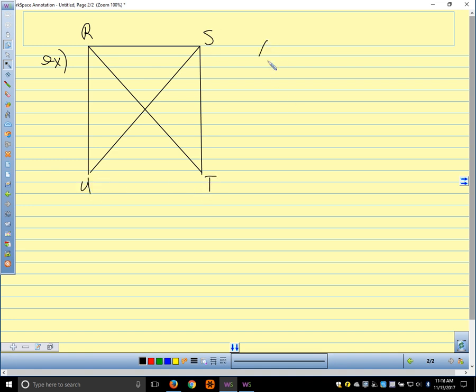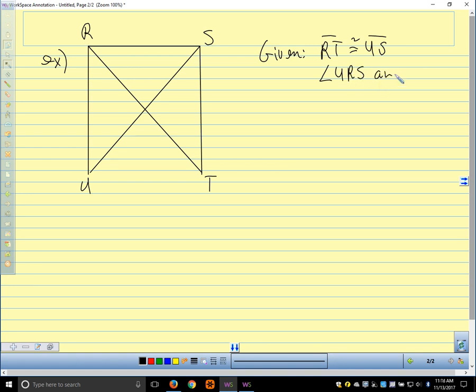All right, so here we're given that segment RT is congruent to segment US, and angle URS and angle TSR are right angles. We want to prove that angle T is congruent to angle U.